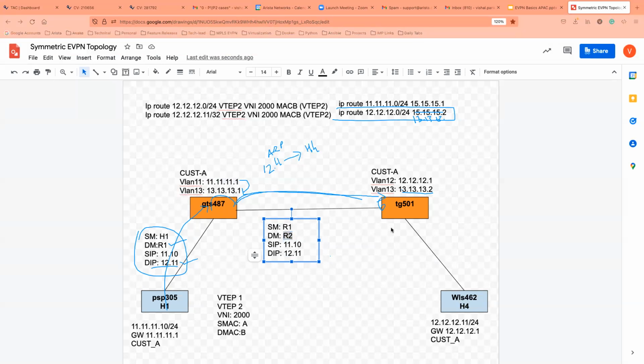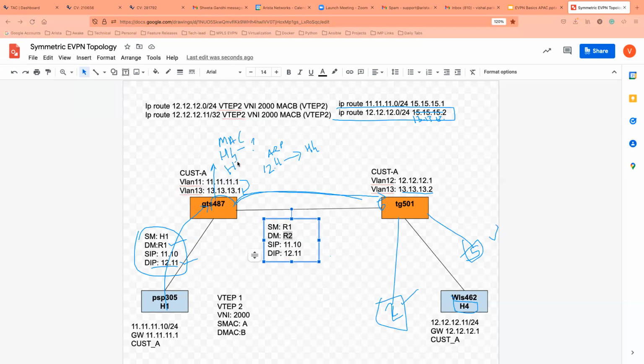Now my question is, have you learned the H4 MAC here in the MAC table? To forward the packet to H4, do you have to learn the H4 MAC? No, right? Or if there are other hosts, H2, H3, H5, do you really need to learn the MAC of all these hosts here?